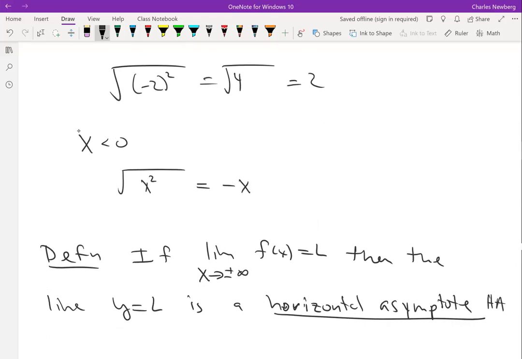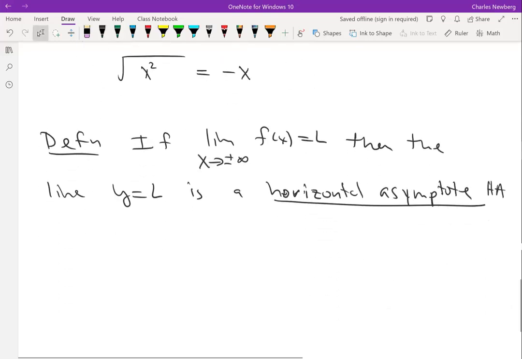So if you go to negative infinity and it's an L, you have a horizontal asymptote going to negative infinity. If you have going to positive infinity equals L, you have a horizontal asymptote going to positive infinity. So it's possible to have one horizontal asymptote or two horizontal asymptotes. It is not possible to have three horizontal asymptotes because we only have a plus infinity and a minus infinity. All right.